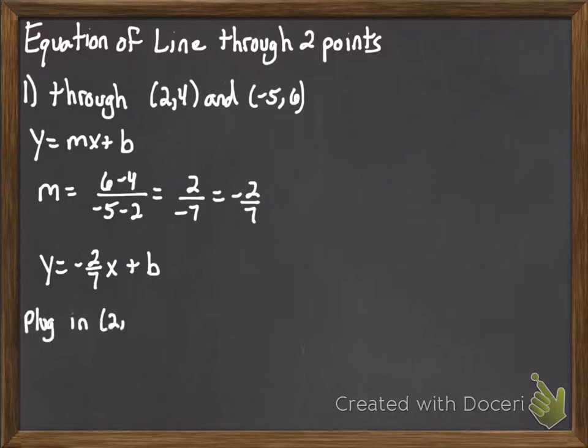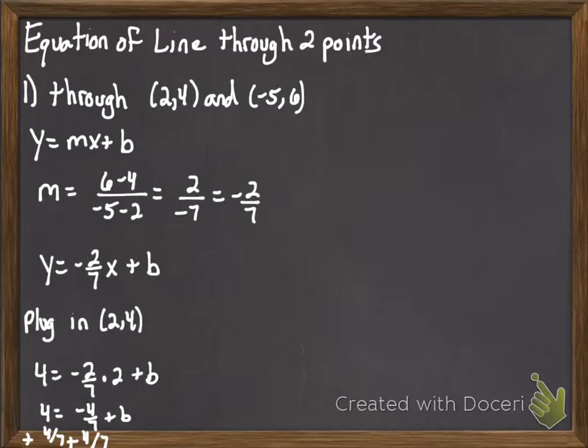So I say let's use (2, 4), since it doesn't have any negative signs. Plug that in. I get 4 equals negative 2/7 times 2 plus b. Simplifying each side, I get 4 equals negative 4/7 plus b. So to solve for b, I need to add 4/7 to both sides.